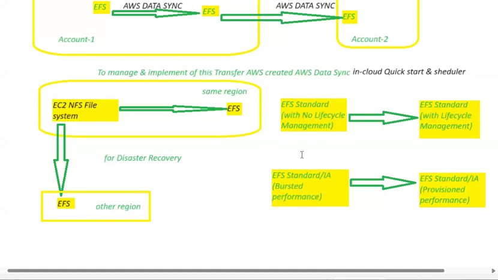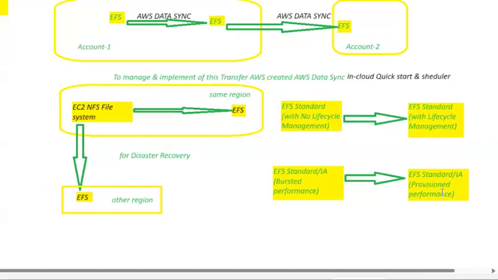Let's say I have my storage in EFS Standard or Infrequent Access with bursting mode performance activated. Now I want to move these files to another EFS Standard or EFS Infrequent Access where its performance is provisioned. Can I move? Yes, we can move as well.